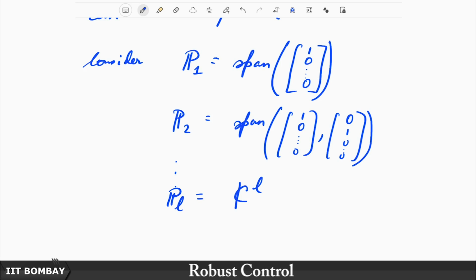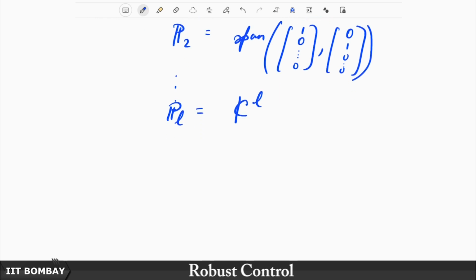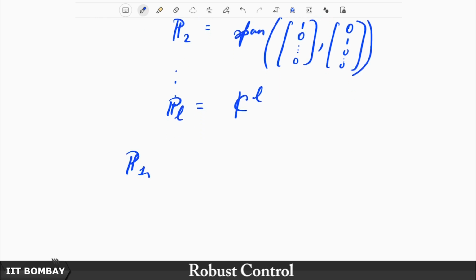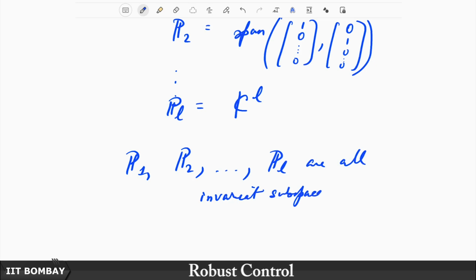The first one I picked the first standard basis vector, the second one I pick the first two standard basis vectors, and finally when I pick all the standard basis vectors over the field of complex numbers, this spans the entire C to the L. So, now I put to you that P1, P2 till PL are all invariant subspaces, or rather Ji invariant subspaces.